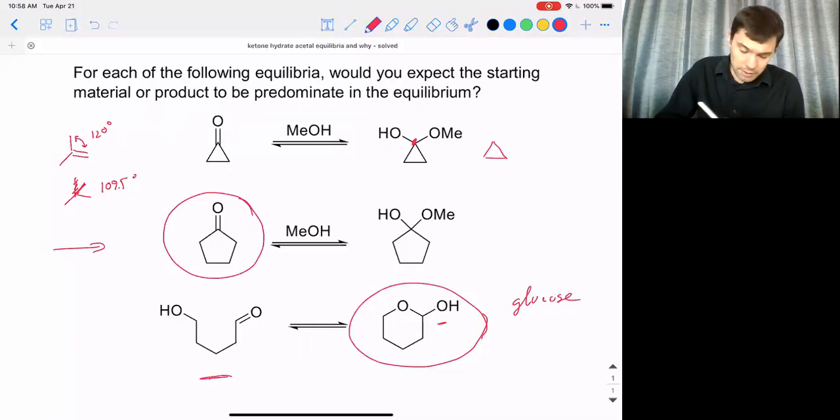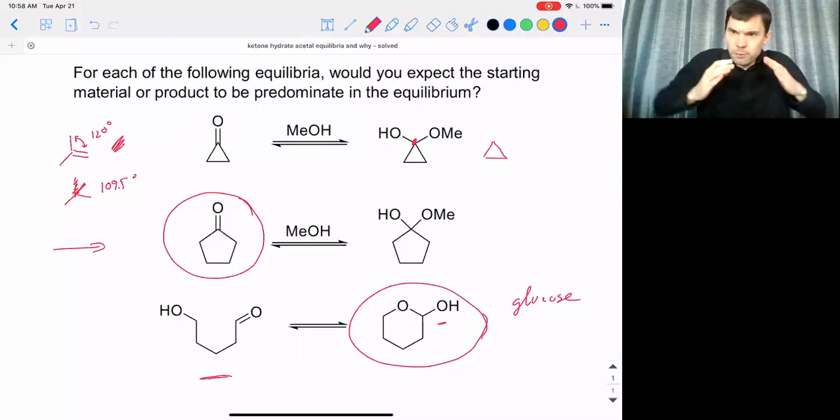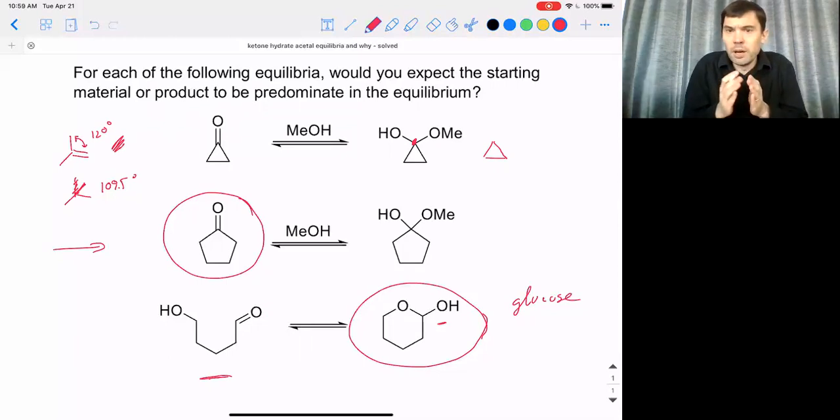strain. And because the sp2 hybridized carbon should have a more broad angle, and we're trying to force this down to be the kind of triangle, we can imagine that the sp3 hybridized center would relieve a little bit of that strain.